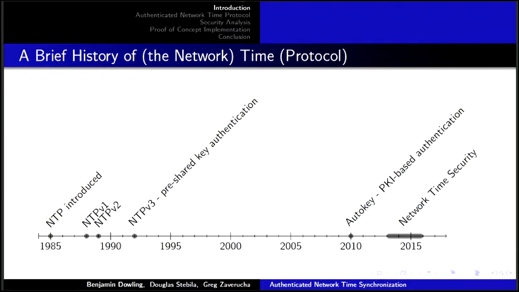However, NTP v3, which we see was introduced in '92, was the first variant of NTP that actually started utilizing authentication. And in this case, it's pre-shared key authentication by using an MD5 keyed hash. Before this point, any man-in-the-middle could easily modify the timestamps included by the server and force the client to incorrectly synchronize the time.